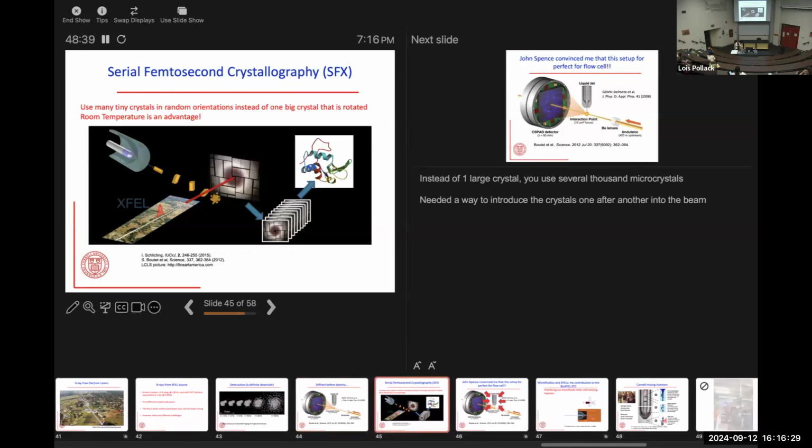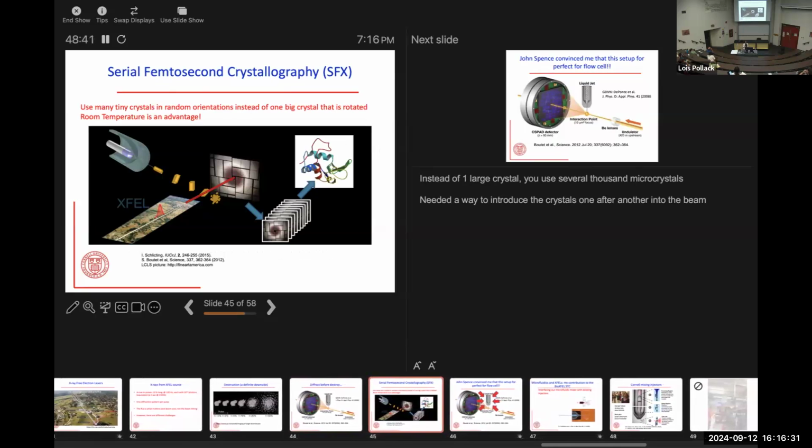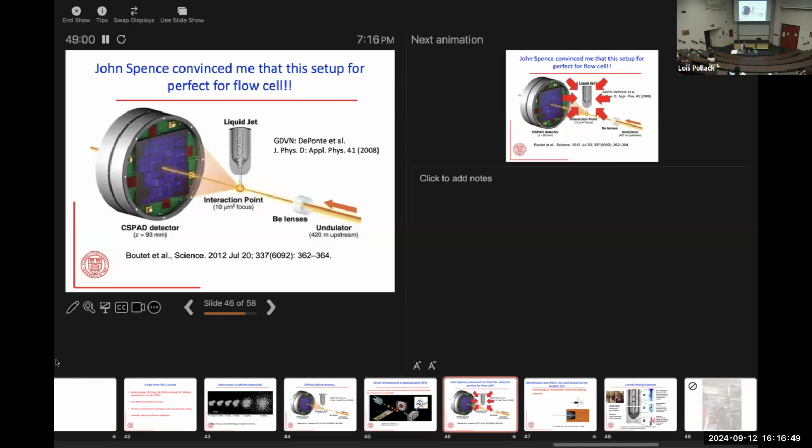And this, of course, launched an entire field of serial femtosecond crystallography, with much of the development done through ASU. And here what happens is you get one pulse, one crystal, one diffraction pattern, boom. That's the way it goes. You blow it up.